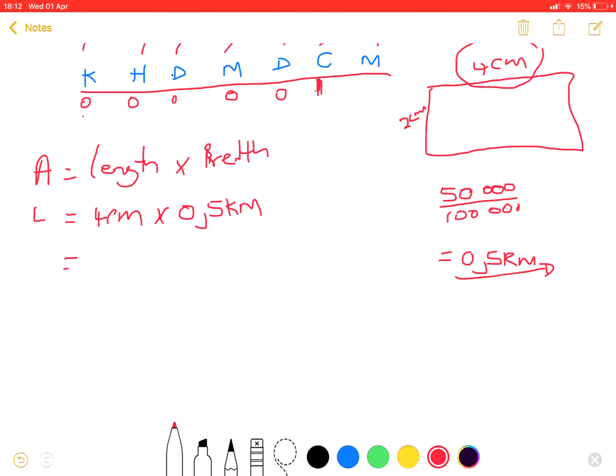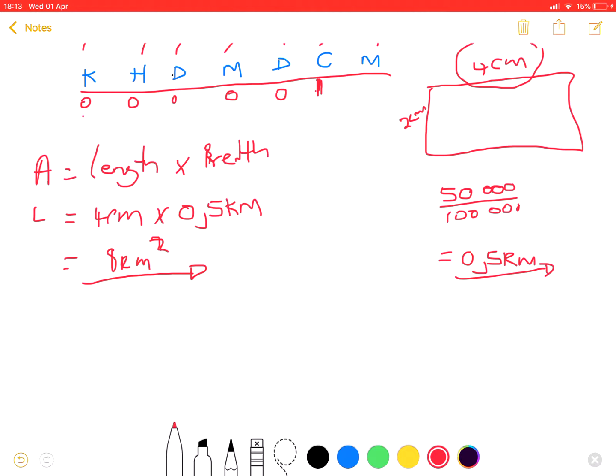So we are going to say 4 centimeters multiplied by 0.5 kilometers, and then we are going to get our answer, which is going to be 8 kilometer squared. You mustn't forget the units, because they are very important, and you are not going to get all the marks that you are required to be awarded. So the units are very important when doing these calculations. So now our answer is going to be 8 kilometer squared.